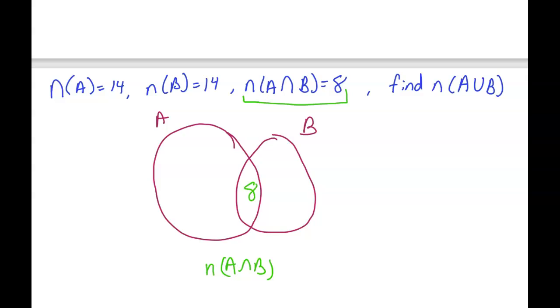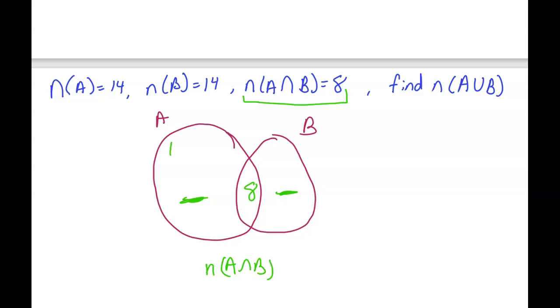Now, these two tell me that each one of these circles contains a total of 14. So this circle contains 14, and this circle contains a total of 14. That does not mean that this number right here is 14 and this number right here is 14.